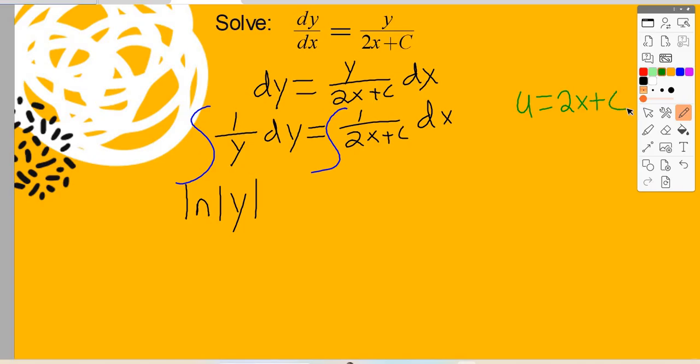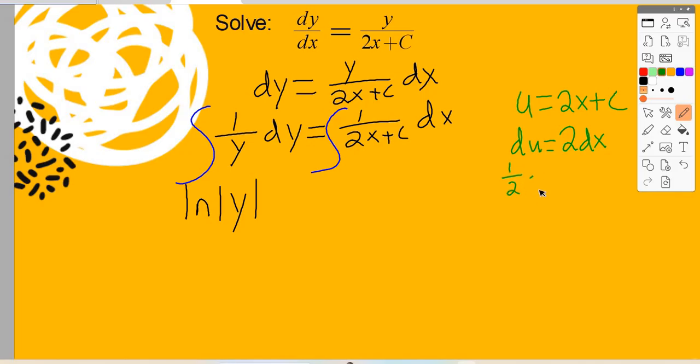Remember that the whole point of all of our integration techniques was that we could take the integral of lots of different things, and so now we're applying those techniques. So what is our du? 2dx plus dc? No. C is just a constant, and the derivative of a constant is 0, so I don't have anything.